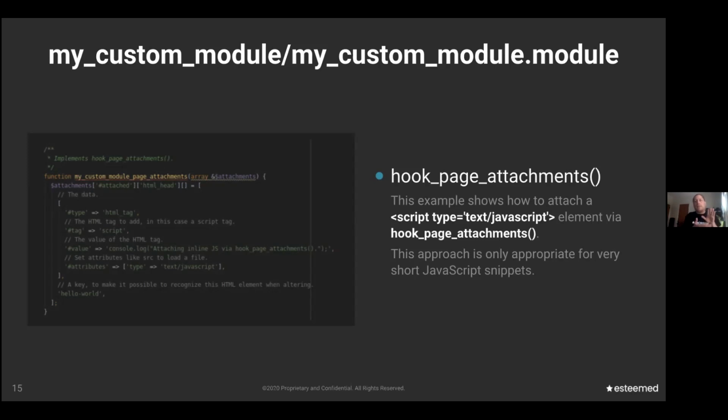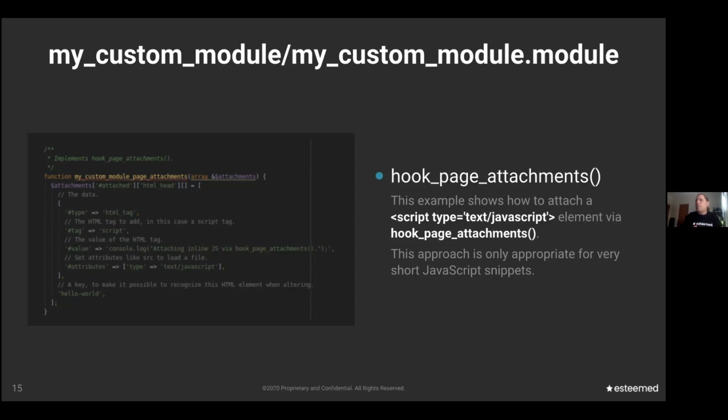This is for your old school Drupal hooks, the same as they used to be in Drupal 7, Drupal 6, and even further back. The hook system is how you override a certain part of Drupal's essential functionality. And you can use hook_page_attachments to attach just a script type text/JavaScript element.